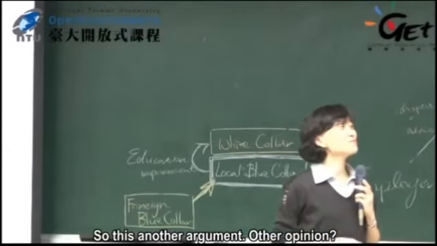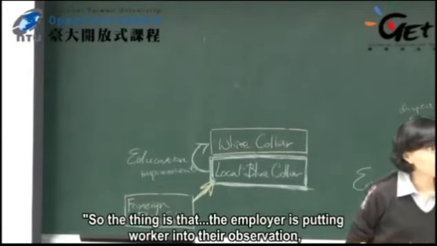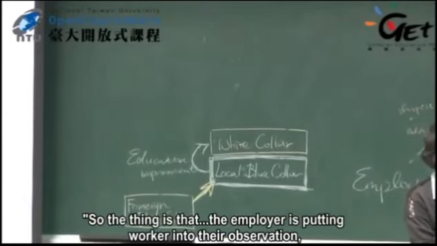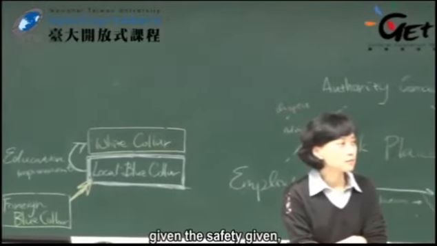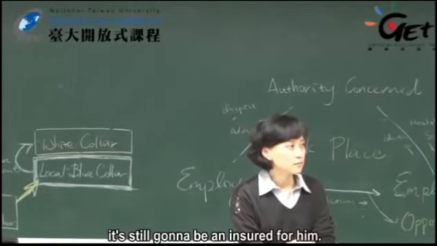Other opinions? The employer is putting the worker into that dangerous situation, so he should take care of everything, giving the safety equipment, and even taking care of whatever mistake the worker makes. He's still going to be at least insured for it.